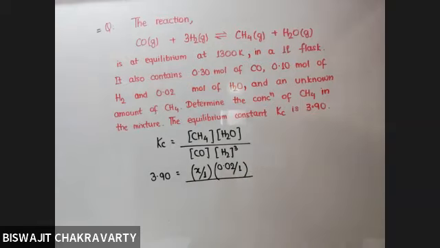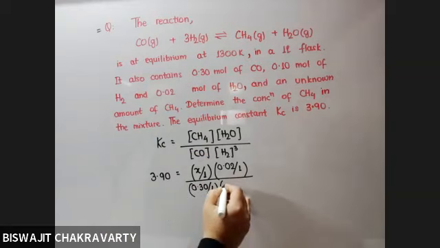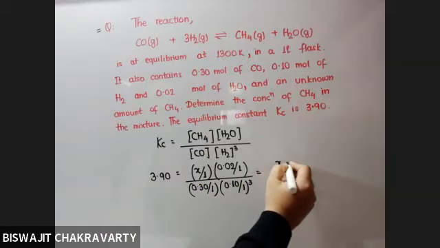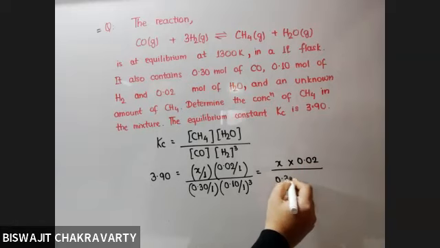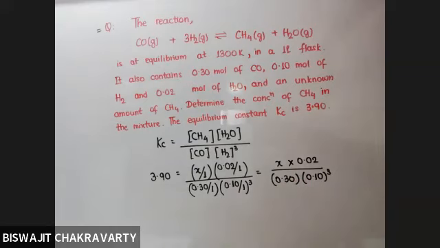It would work even without dividing by 1, but if the volume were not 1, then it would have been important, and the difference would have come. CO is given as 0.30 and H2 is 0.10. So ultimately it comes out to be x into 0.02. So get me the value of x. How much will it come?